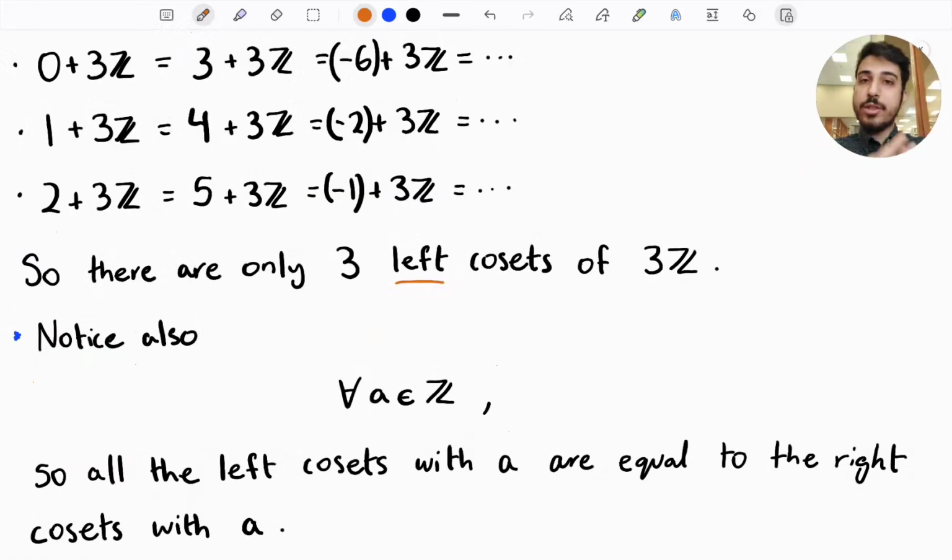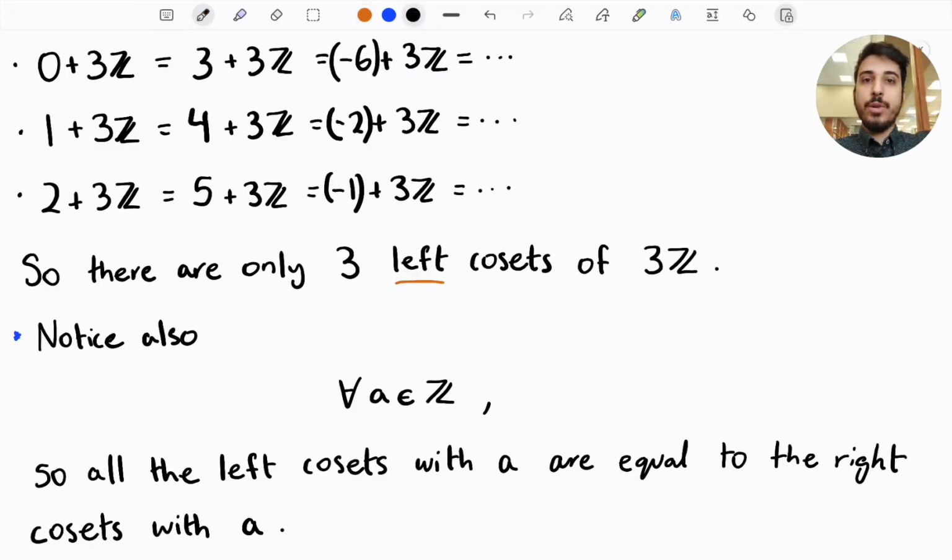Now that we have done the addition from the left, if we did it from the right, it would yield us the same result. It would give us 0 plus 3Z, which is equal to 3Z plus 0, because it's the same set. It does not matter where we add from, because addition is a commutative operation.